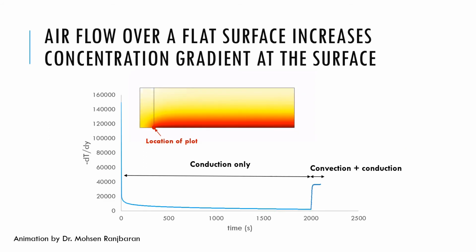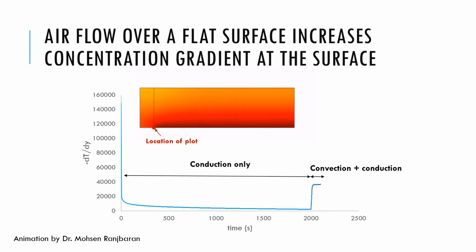Now, this slide is perhaps my most favorite slide. It also took a while to make, but most importantly, it really captures the main idea of convection in contrast with conduction.